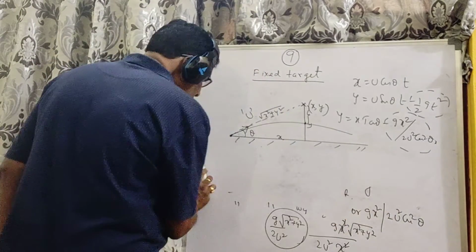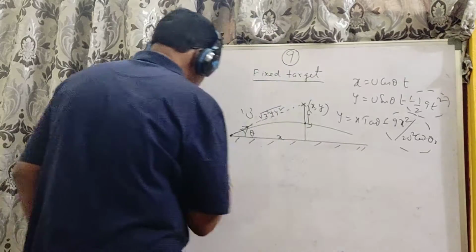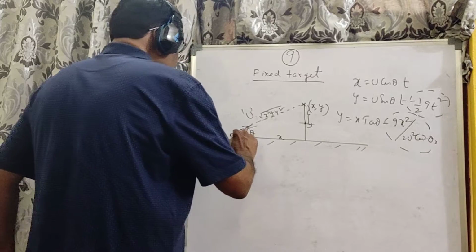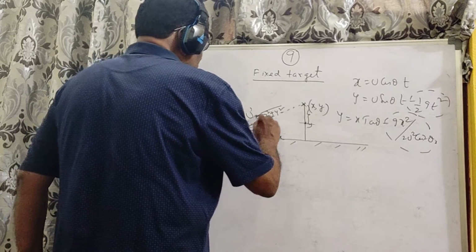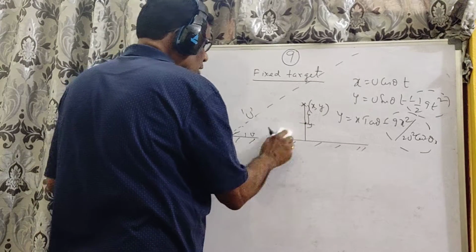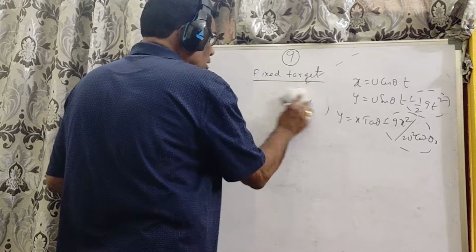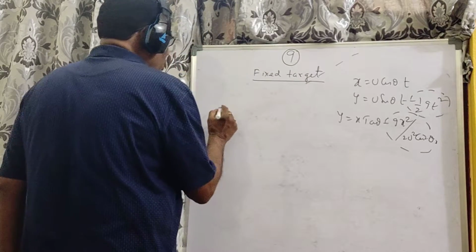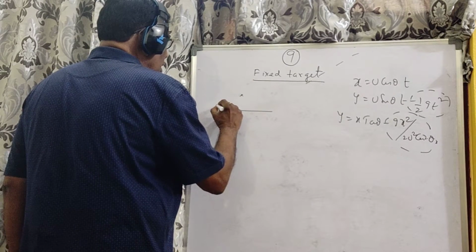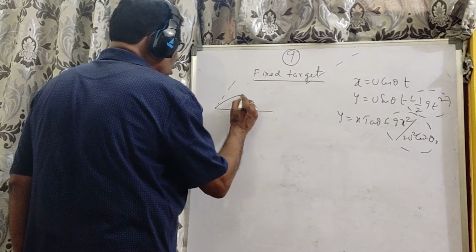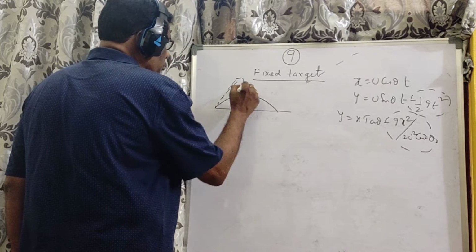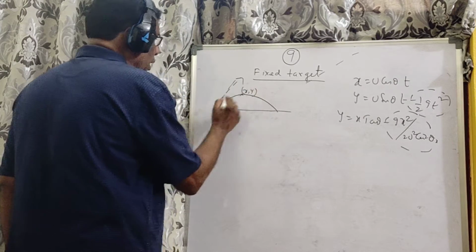If I aim something like this, and this is the target, I have to aim above the target so that the projectile passes through x comma y.